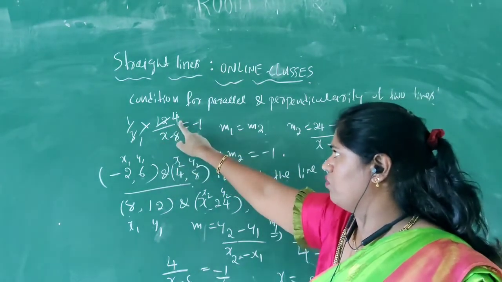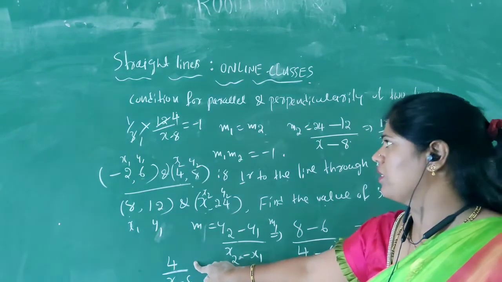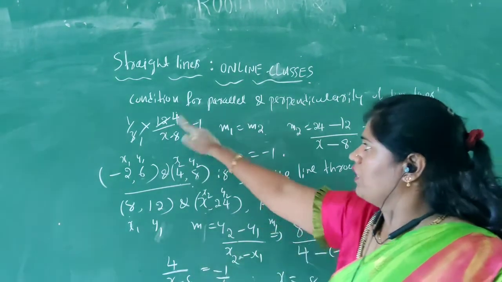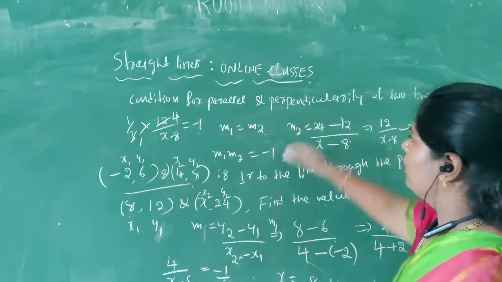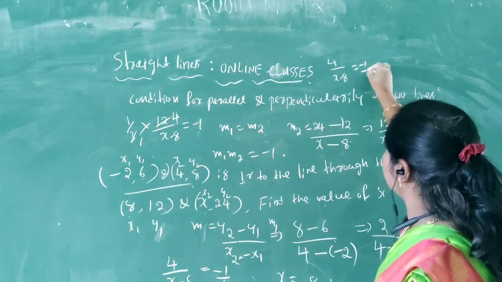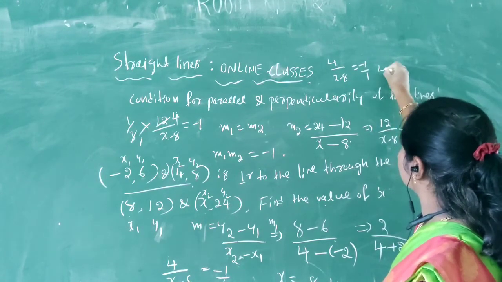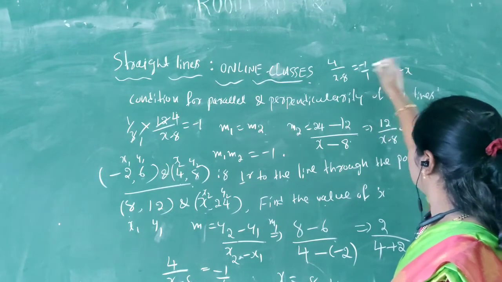So 3 ones are 3, 3 fours are 12, so it is going to be 4 divided by x minus 8 equal to minus 1. Cross multiplication gives 4 is equal to minus x plus 8.